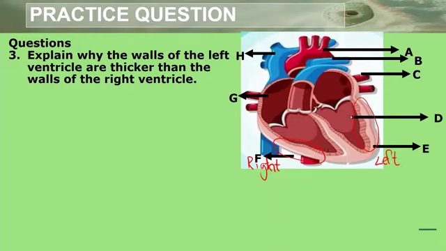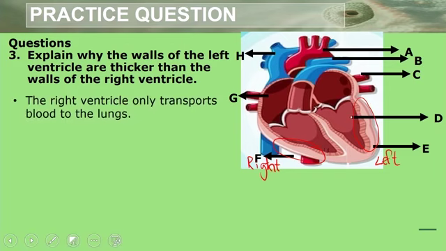Blood flows from the right atrium into the right ventricle, and when it's in the right ventricle, it has to move to the lungs through the pulmonary artery. So when blood is in the right part of the heart, it only needs to be pushed to one set of organs, and that is the lungs.